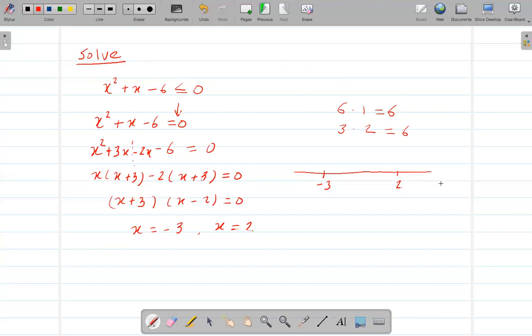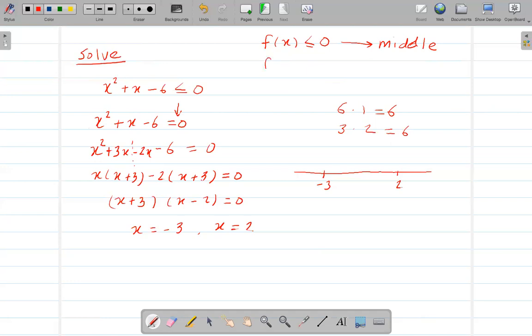So to get that, the idea here is very simple. Let's say we have a quadratic function less than or equal to 0. If you have something like this, then our solution should always be this middle region.